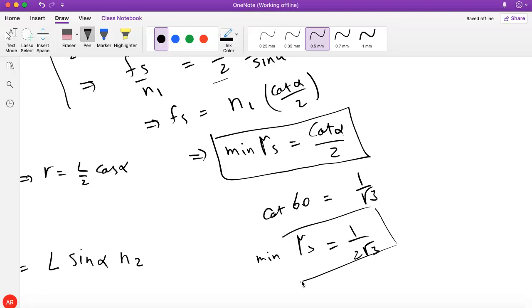So interestingly, it doesn't depend on mass, it doesn't depend on length, it only depends on angle. That's at some level expected, right? Because the coefficient of static friction is dimensionless, right? It's the ratio of two forces. So something dimensionless, if there's only one length scale, L, there's no other length.